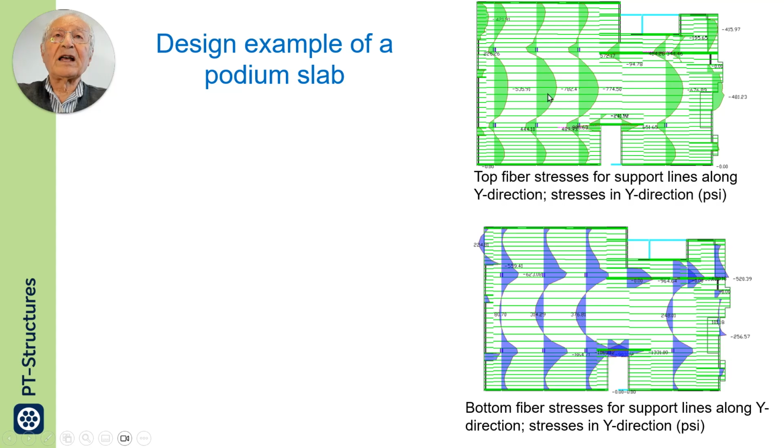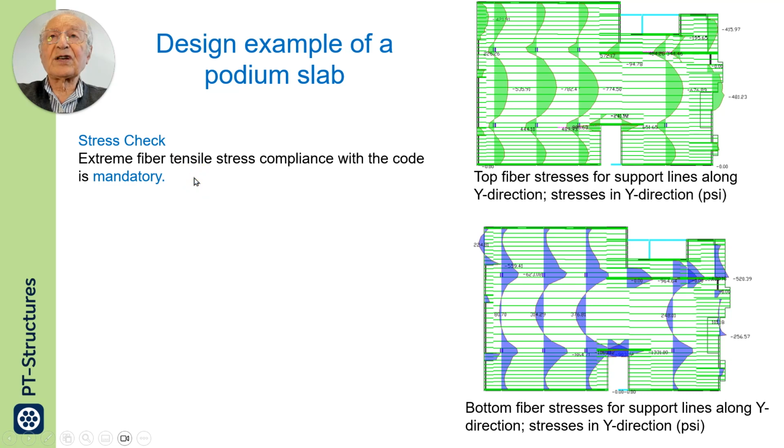Here I have single design values associated for each distribution. For stress check, top fiber stresses for the support line along Y direction are shown here. For this support line, the distribution of stress is this.